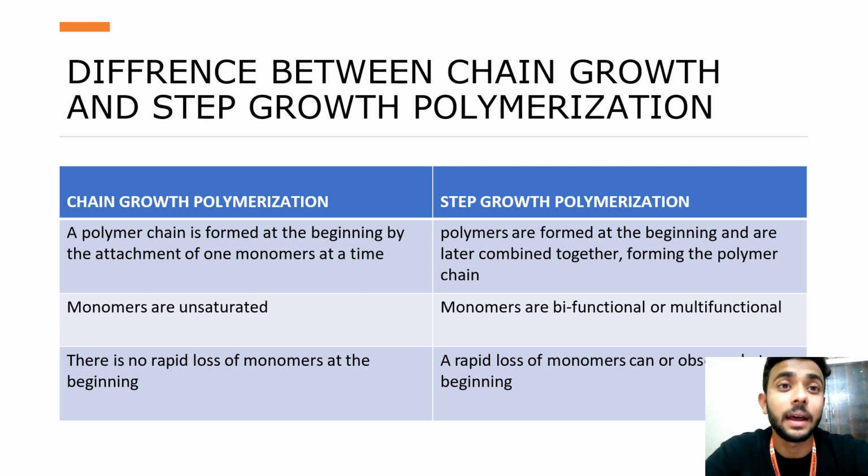Monomers are unsaturated in chain growth polymerization, and the monomers are bifunctional or multifunctional in step growth polymerization. There is no rapid loss of monomers at the beginning in chain growth polymerization, while a rapid loss of monomers can be observed at the beginning in step growth polymerization.